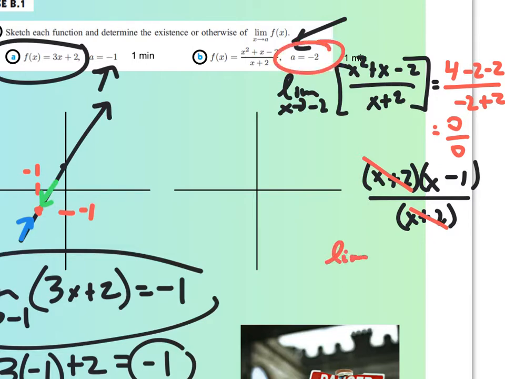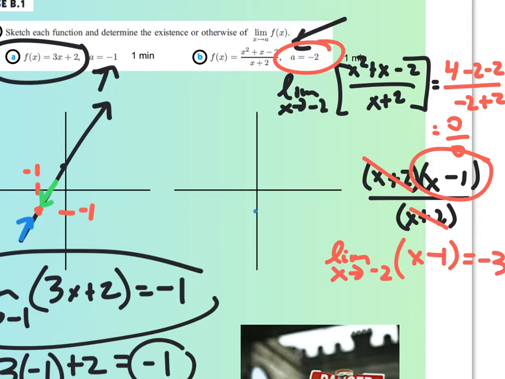So the limit as x goes to -2 of this new function x minus 1, I believe direct substitution would give me -3. Okay, so let's go ahead and graph this for a minute. This is x minus 1 with a hole at -2.